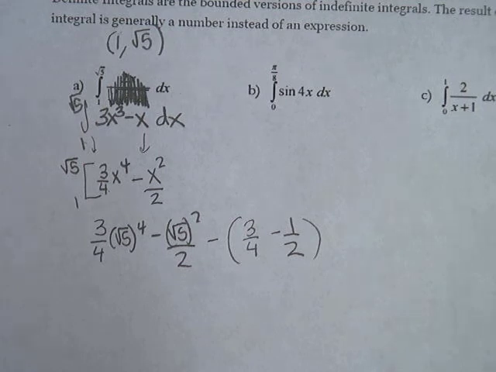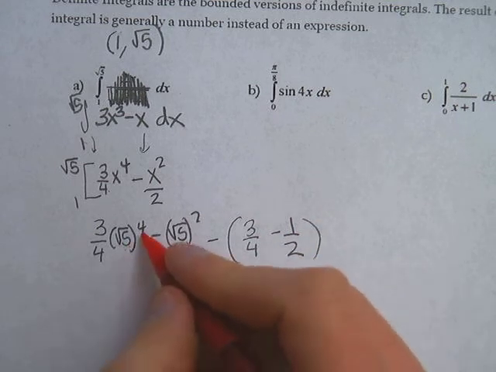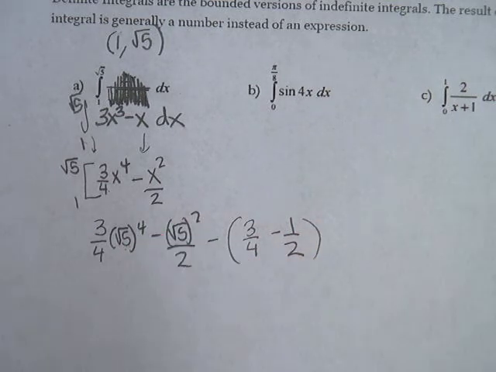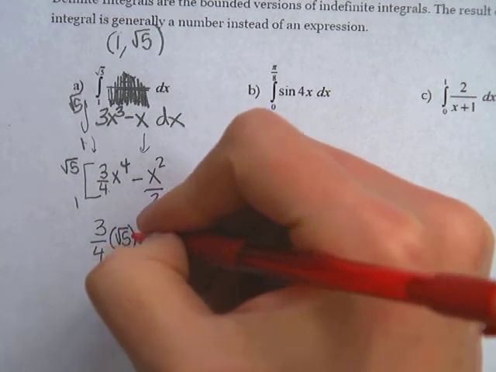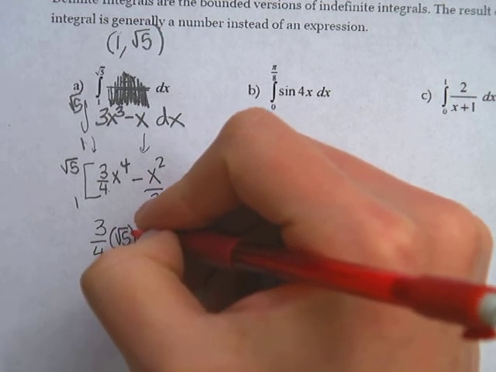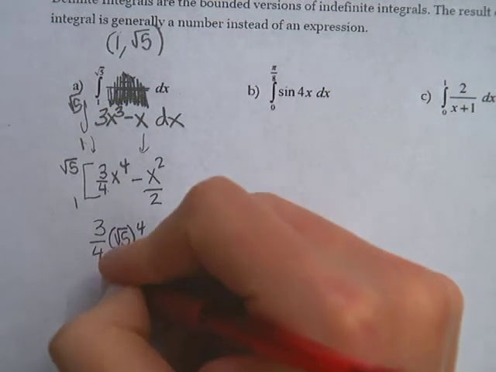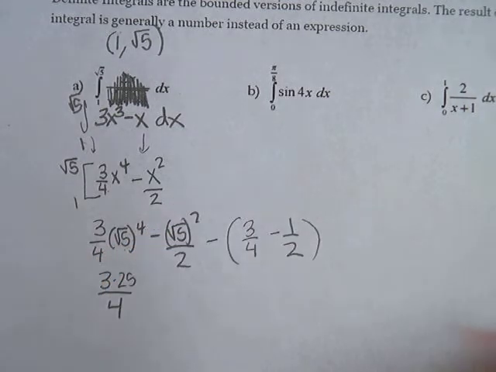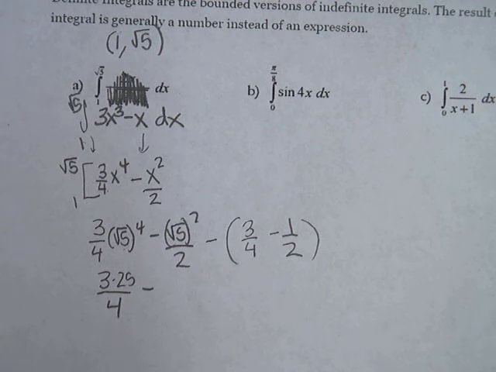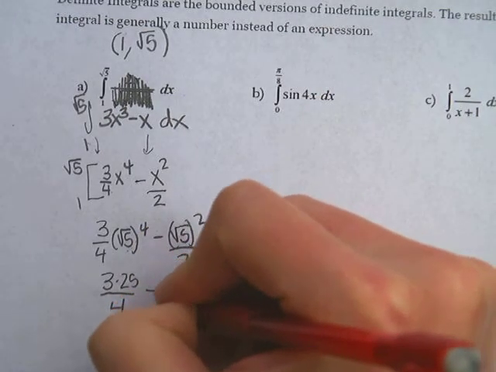All right, we can simplify this a little further. Root 5 to the 4th is, well, root 5 times root 5 is 5, and we have 2 pairs of those. So this is really like 5 squared, which is 25. So this is really 3 times 25 over 4, minus, well, root 5 squared I said was 5, so 5/2.